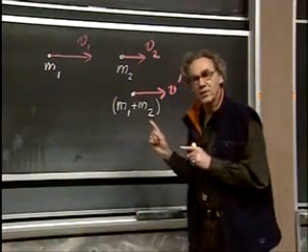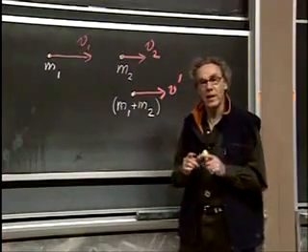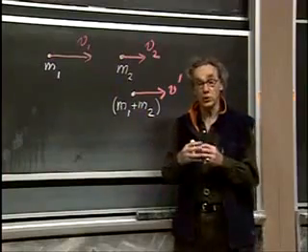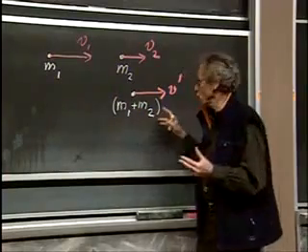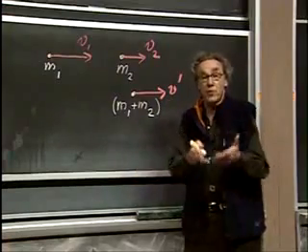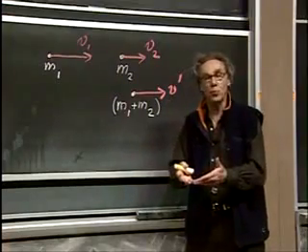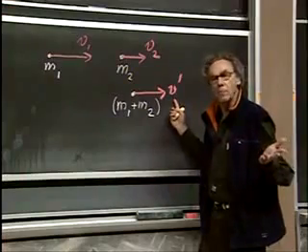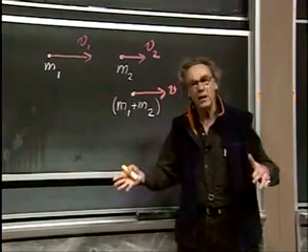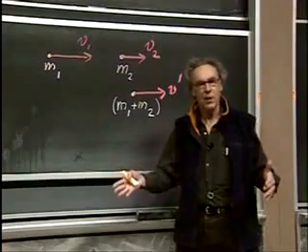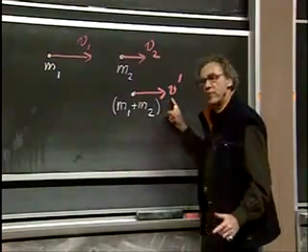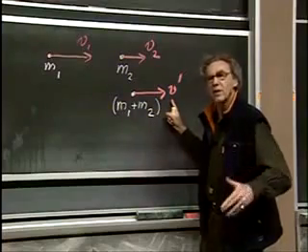In this case, we're dealing with an inelastic collision. So m1 and m2 are stuck together. They are merged. So it is sufficient to just call it v prime. You could have called it v1 prime, because v1 prime is the same as v2 prime, is the same as v prime. And during the next 4 minutes, you will see that a few times I call it v1 prime. I wish I really hadn't. It would be better if I had just used v prime. That is unique and sufficient.